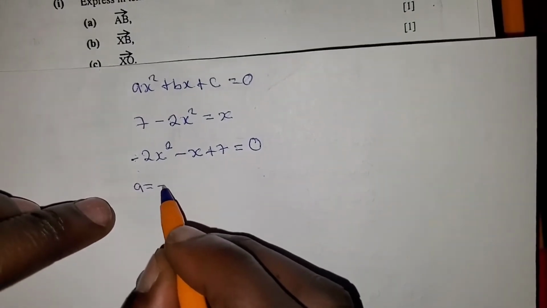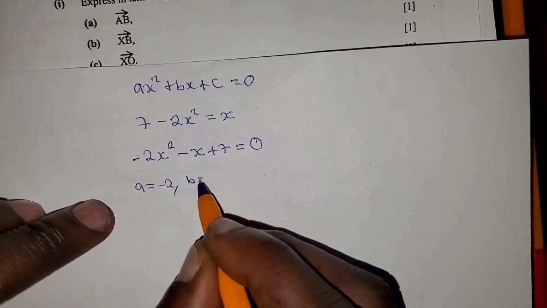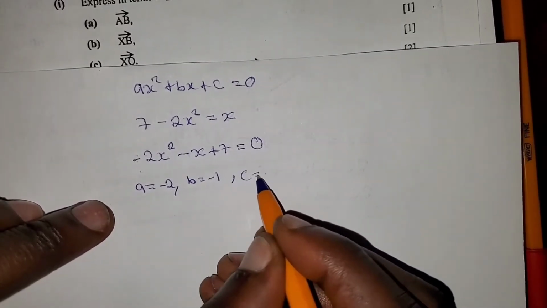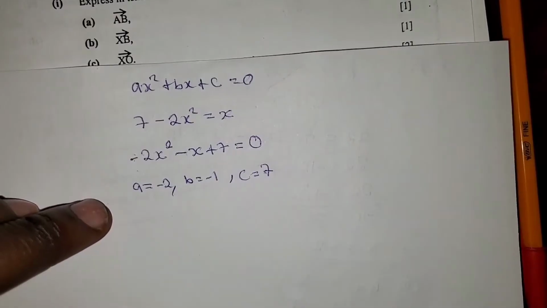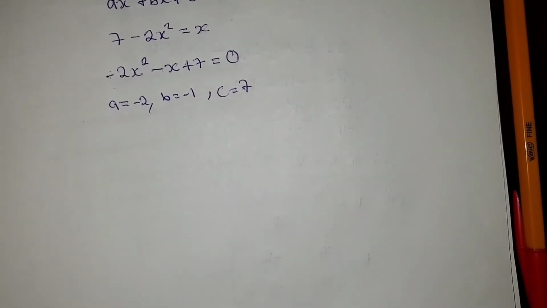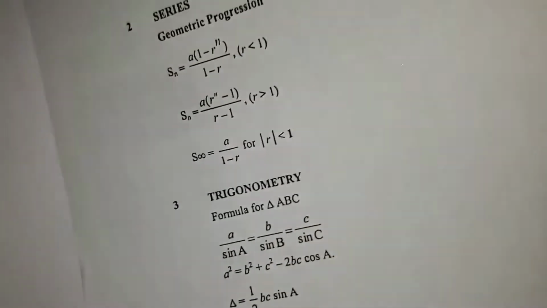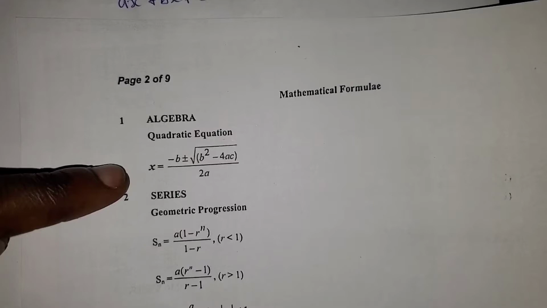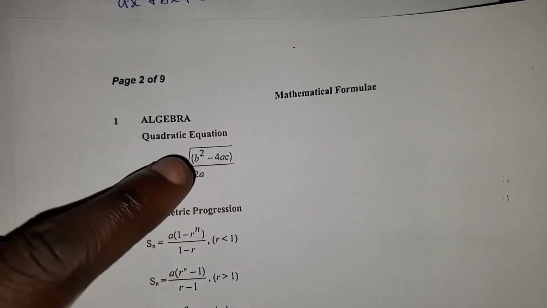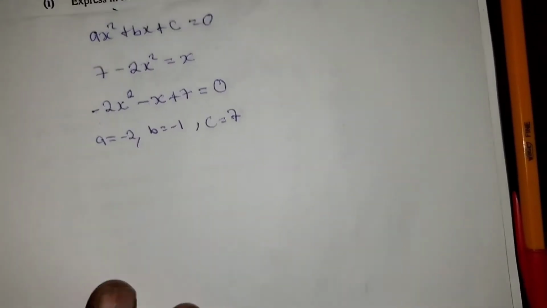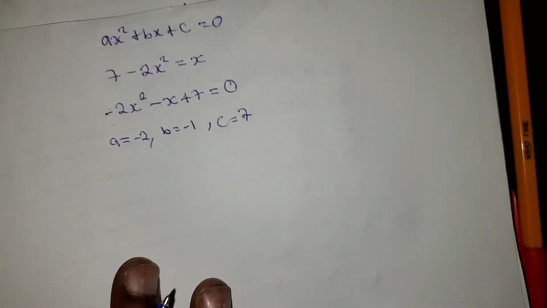The value of a is negative 2. The value of b, the number in front of this, is negative 1. The value of c is positive 7. The formula I'm going to show you here is given in the question, under algebra quadratic equation. But you do well to just know this formula by heart.